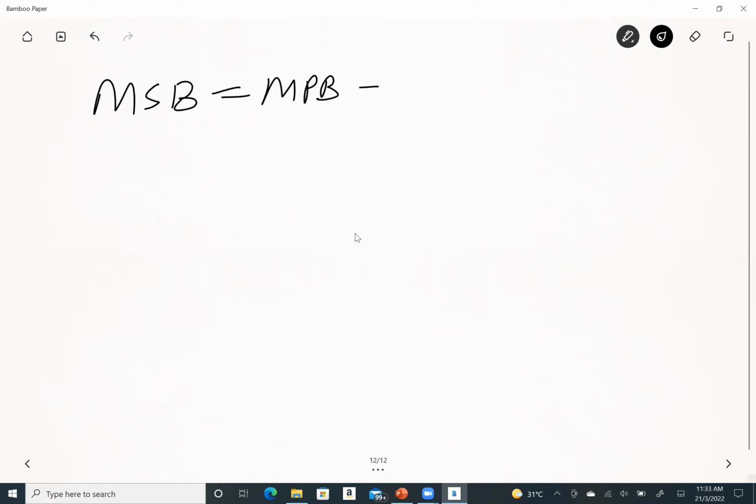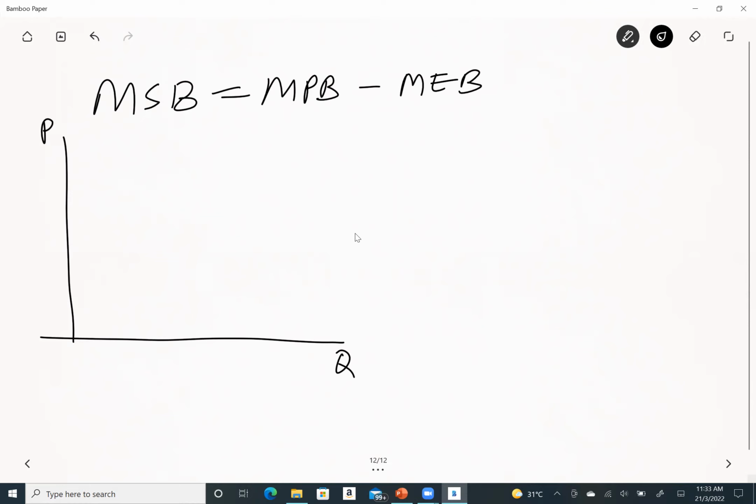You have the MSB, I'm sorry, the marginal social benefit, equal to the marginal personal benefit minus marginal external benefit. So the diagram, I draw the diagram because it's difficult to see the effect without the diagram.